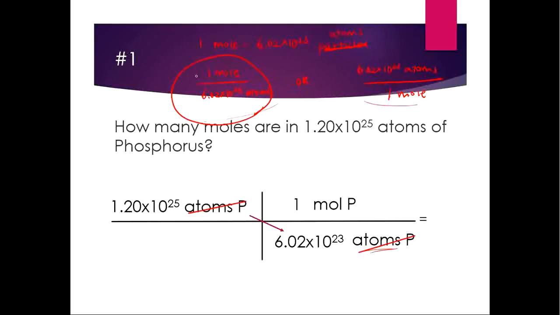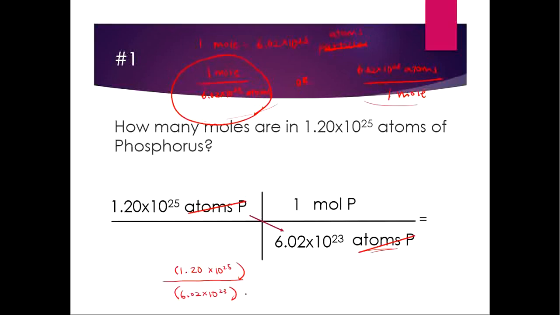And what you do in your calculator is you want to make sure, remember, because we are multiplying across and dividing by the bottom, in your calculator, make sure that you are using the parentheses. So 1.20 times 10 to the 25 divided by parentheses 6.02 times 10 to the 23.